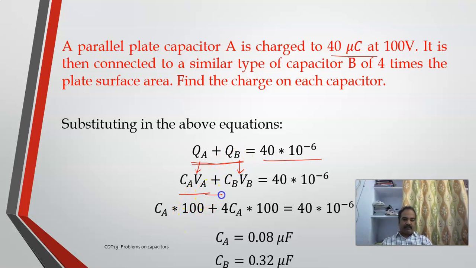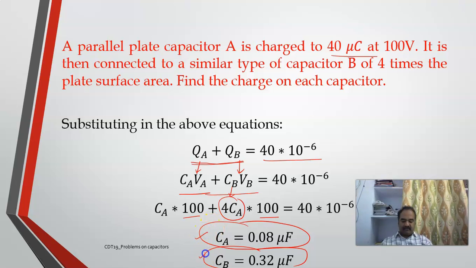Now you know the value of CB: it is 4 times CA. And VA and VB are 100, because the voltage across these two capacitors is the same. So you will get the capacitance across A, CA, and the capacitance across B.